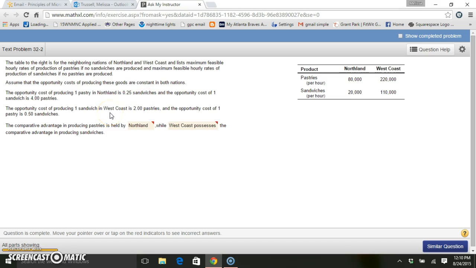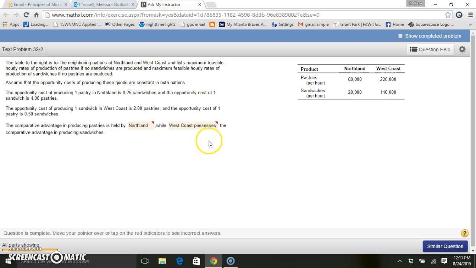The West Coast, on the other hand, has an opportunity cost of producing a pastry of 0.5 sandwiches. So in the West Coast, they have to give up half a sandwich to make one pastry. So who has the advantage? The Northland, the people who only give up a fourth of a sandwich for each pastry, because they're giving up less to make a pastry. Does that make sense? So their cost of pastry is lower, which means they have an advantage in pastry making.